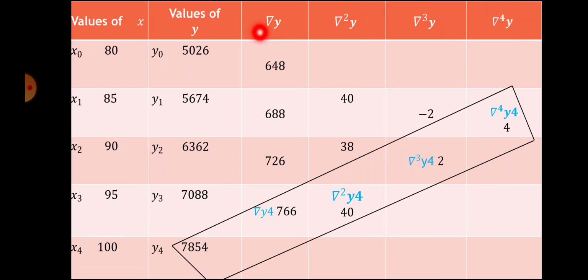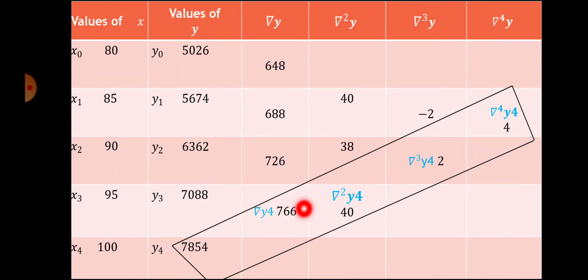So now we are going to find del y, del square y, del cube y and del power 4y. Del y is nothing but 5674 minus 5026, 648, 688, 726, 766. Del square y is 40, 38, 40. Del cube y is minus 2 and 2. Del power 4y is 4.